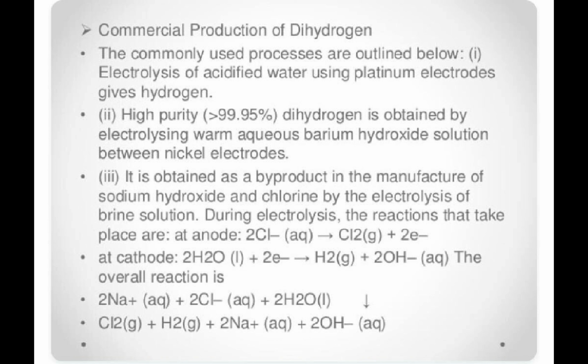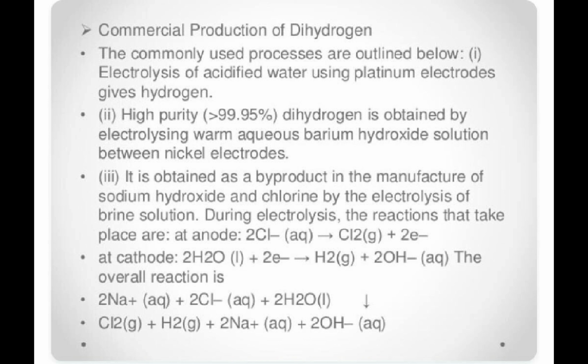Another process of obtaining hydrogen is in the manufacture of sodium hydroxide and chlorine by the electrolysis of brine solution. Brine is NaCl. So during electrolysis, what are the reactions taking place at the anode and cathode? At the anode, 2 chloride ions give chlorine plus 2 electrons.